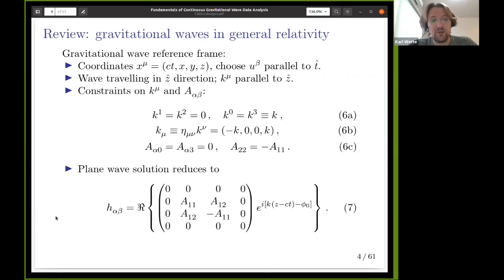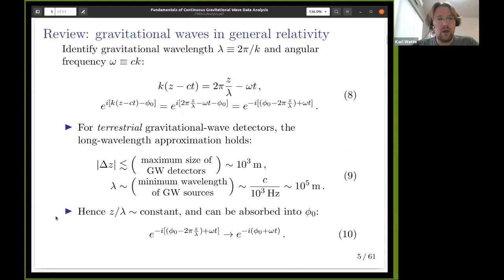If you substitute those into our solution, you end up with what looks like equation 7, where at the front our matrix A is now reduced to these two components, A11, which is on the diagonal, and A12, which is the off diagonal, and then we have the wave-like part there as before. We can do a few more things with this.